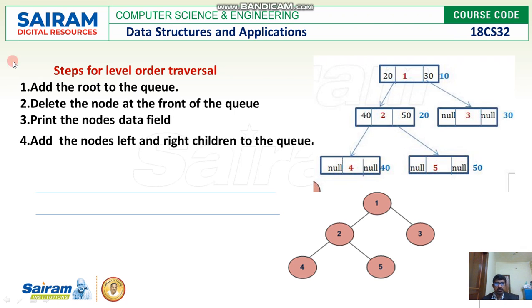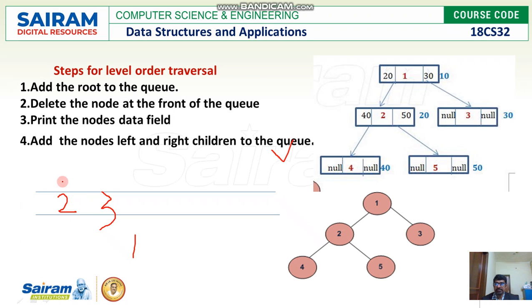Then you find its left and right children. The left child is 2 and the right is 3. So you're done with adding the node's left and right children.